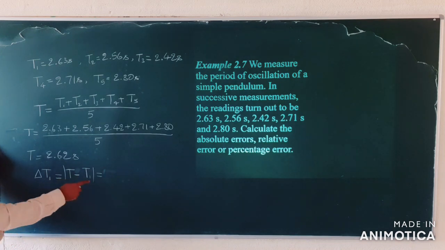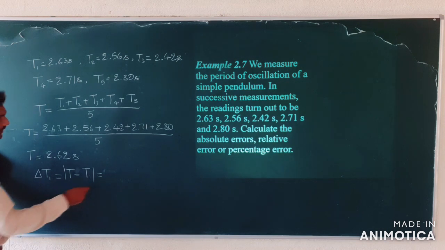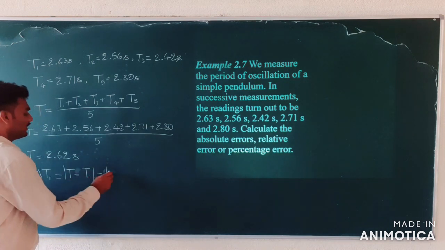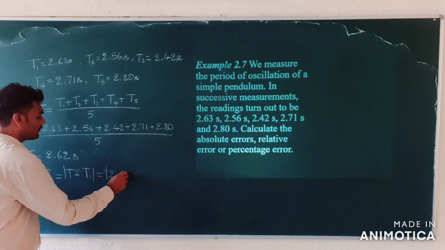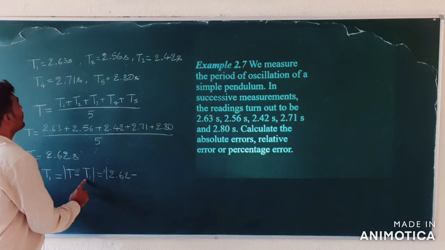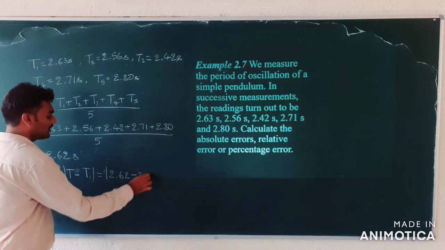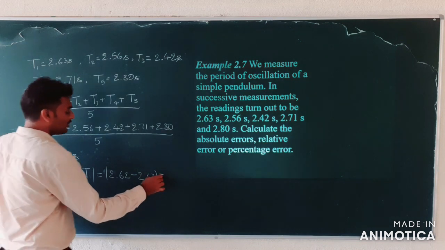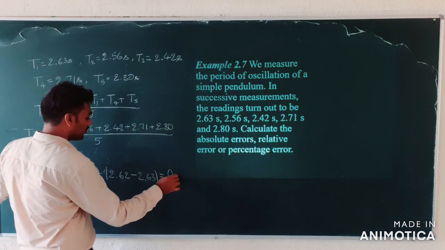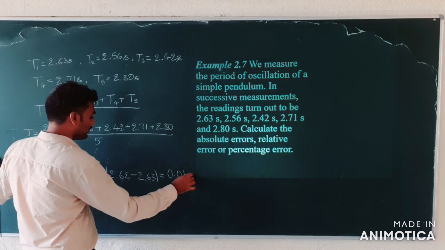The magnitude of the difference between the true value and the measured value will give us the error in that measurement. So it's going to be the magnitude of T, which is 2.62, minus T1, which is 2.63, and the magnitude of the difference is 0.01 seconds.